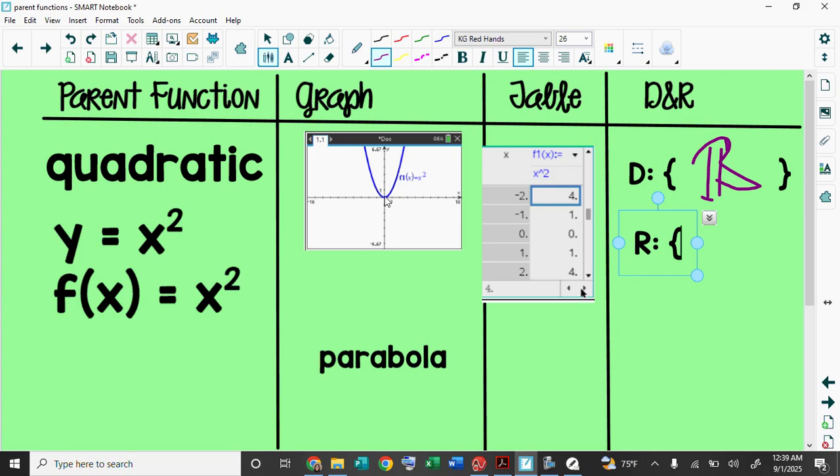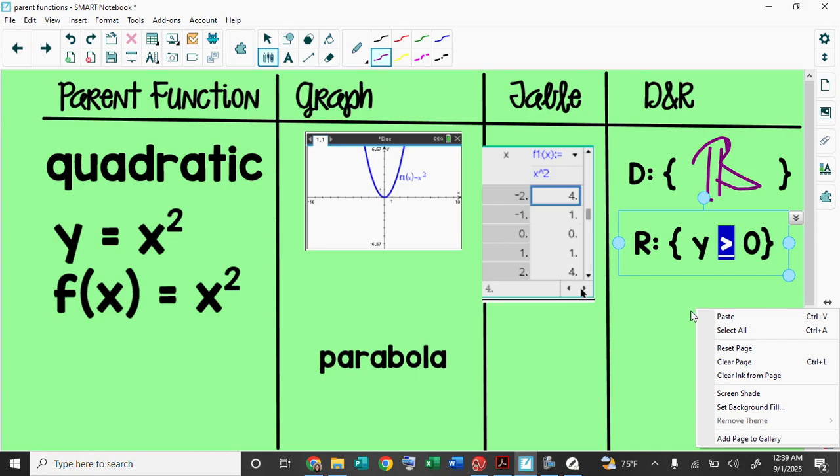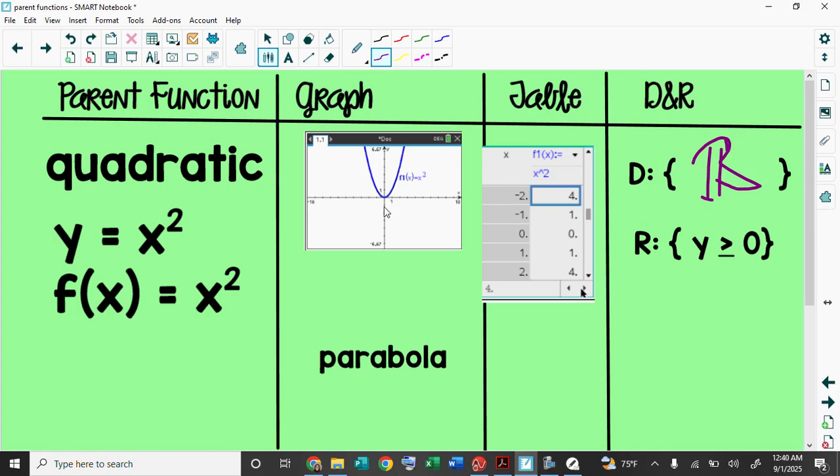My range starts here and goes up. So y is, since it goes up, greater than 0, but can it equal 0? Yes, it can equal 0, and so we have to put an underline underneath that. My range is all real numbers greater than or equal to 0. Pause this video, get all that information down.